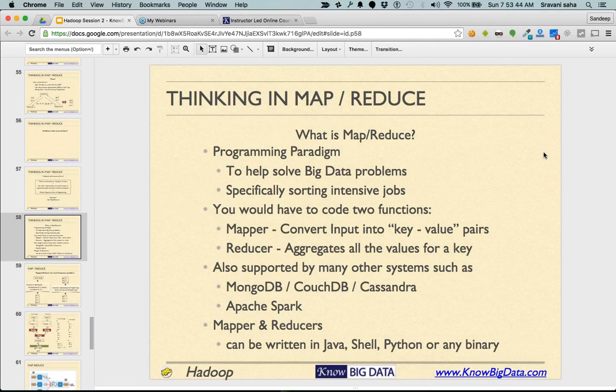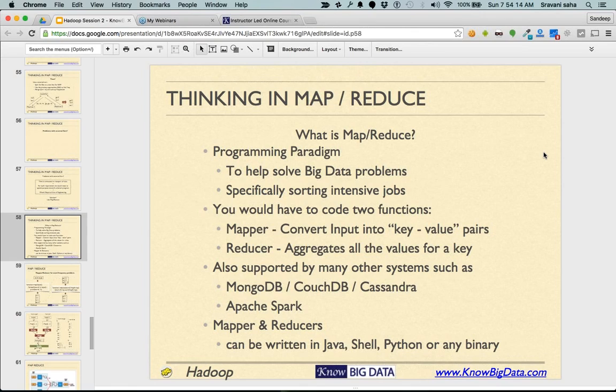We have to code two kinds of function. One is mapper, other is reducer. The mapper converts our input to key value pairs, and the reducer aggregates all the values. So MapReduce is a framework, a big machine, which sorts the data.